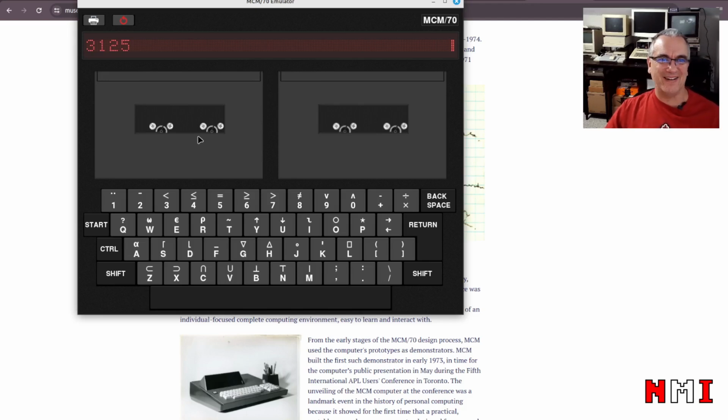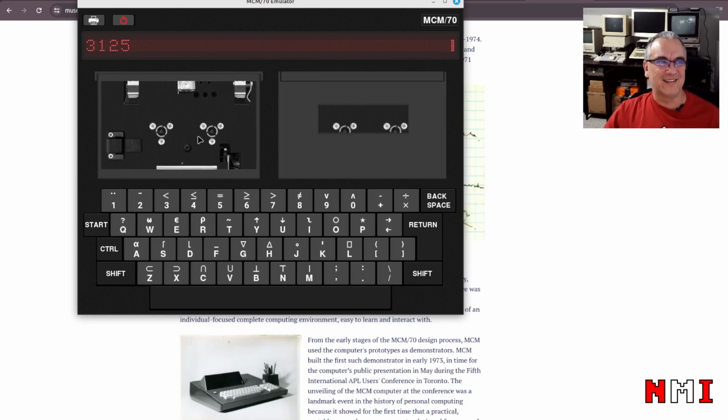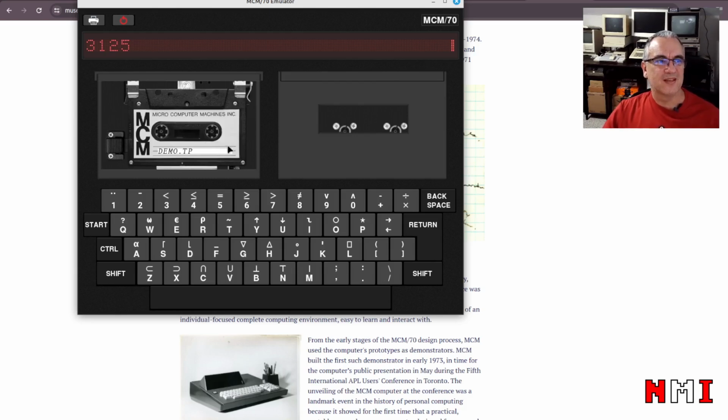It's super cool, right? The folks at York University went above and beyond. Even the tapes here, you can click to open and close, and when they're open, you can load the tape here. I'm going to load this demo.tp. Isn't that cool? So okay, now I have a tape there.